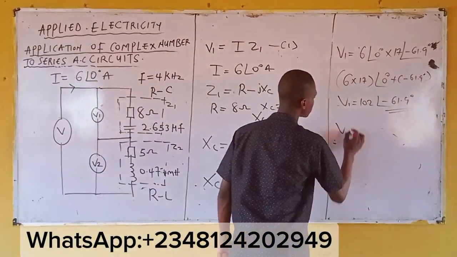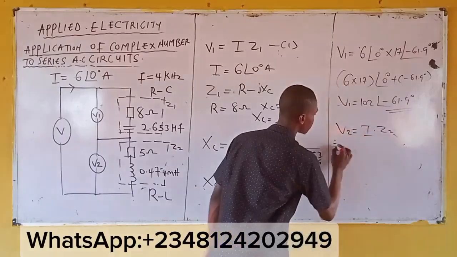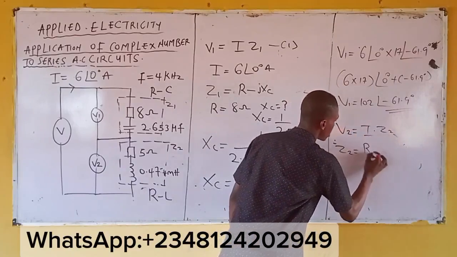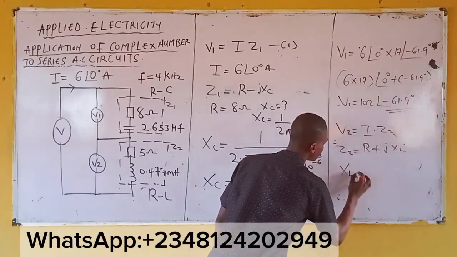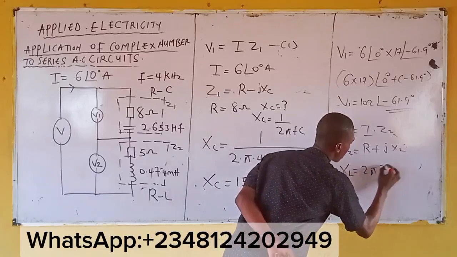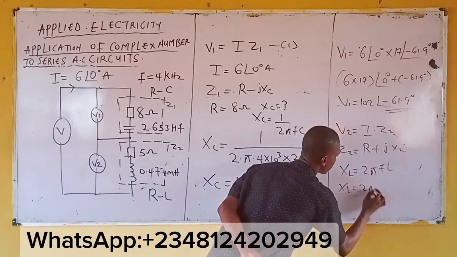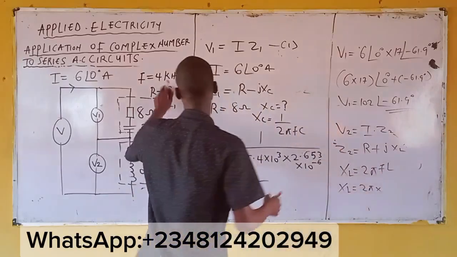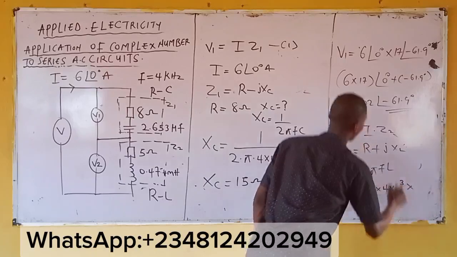Now, the same way we solve this, let's solve V2. Solving V2, this becomes your formula: I multiplied by what? Z2. What's the formula for Z2 in this case? R plus jXL. Let's solve for XL using the same concept, meaning 2 pi FL. Substitute. XL is what? 2 pi times, what's your F? Given 4 times 10 raised to power of 3. What's your L?